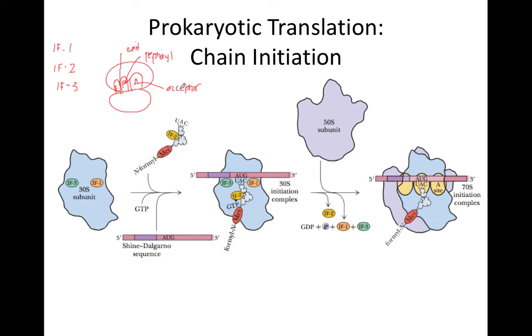So all incoming tRNAs will go into the A site, and all tRNAs with an elongated polypeptide chain are found in the peptidyl site, whereas the E site is where an uncharged tRNA, one that does not have an amino acid anymore, sits for a while before it is released.